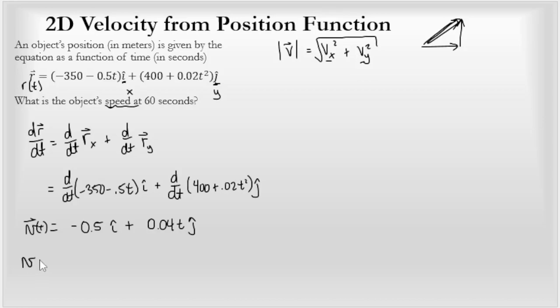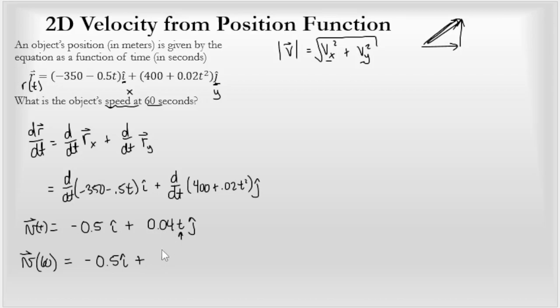So if I wanted to find the velocity at 60 seconds, like it mentioned up here, what is the speed at 60 seconds? I'll get 2 components. Well, the x component in the i hat direction doesn't depend on time, so it's going to stay the negative 0.5. And then I'm going to plug in 60 where I see t in here. So 0.04 times 60.